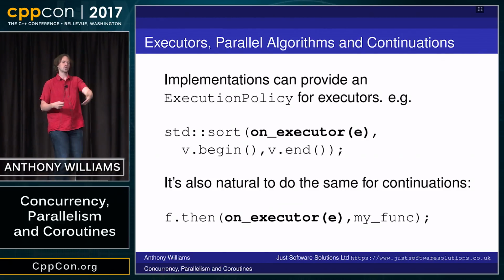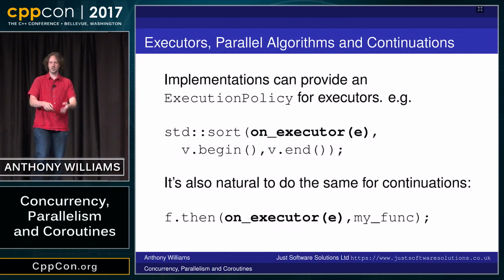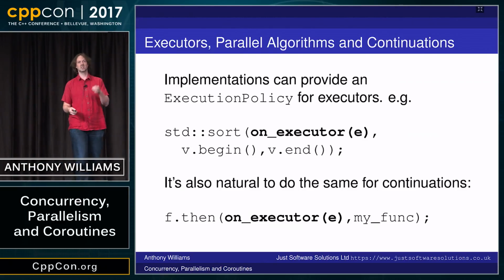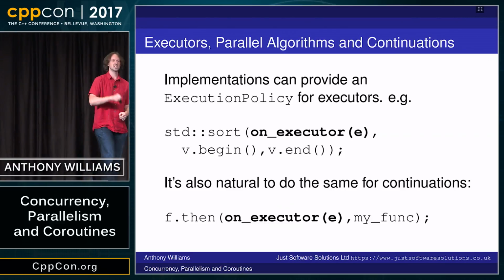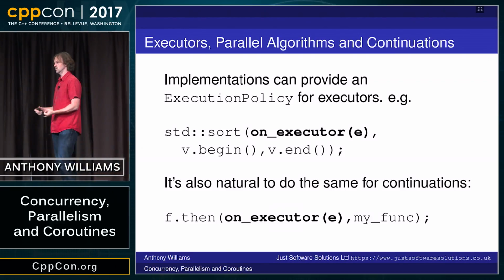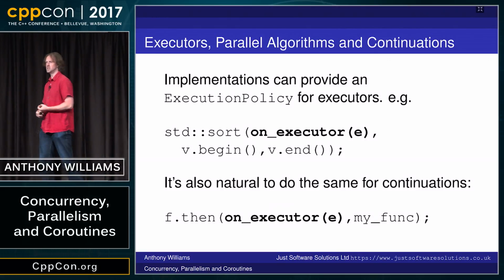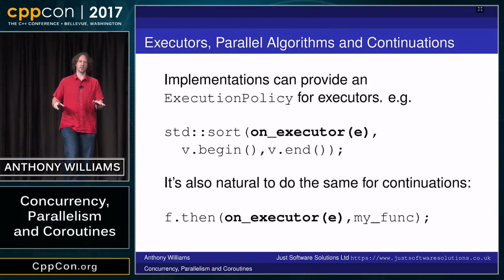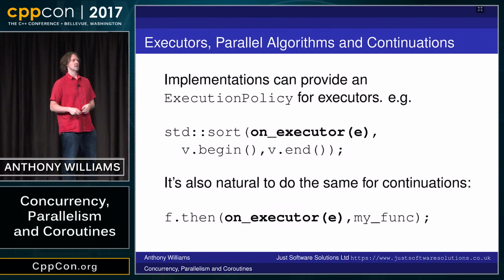So I want to call this continuation and do it on an executor. Now that's actually worked quite well because the TS as specified runs the continuation on an unspecified thread. You don't know whether it's a new thread, you don't know whether it's a pool thread. In theory, it could be your GUI thread, when you don't want anything to run on the GUI thread unless you're intending it to.